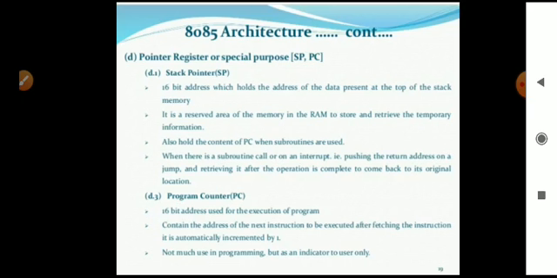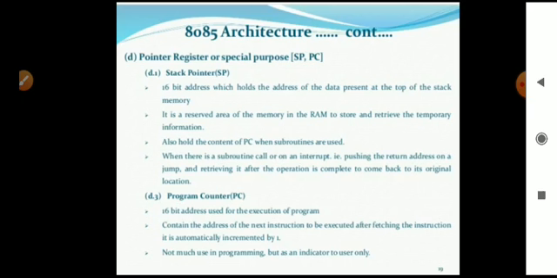Program counter is again 16-bit and used for the execution of the program. Basically, it contains the address of the next instruction to be executed after fetching the current instruction. So once the address is fetched, the program counter increases by 1. It indicates that after completion of the current instruction, the processor should fetch this instruction, which is pointed to by the program counter.